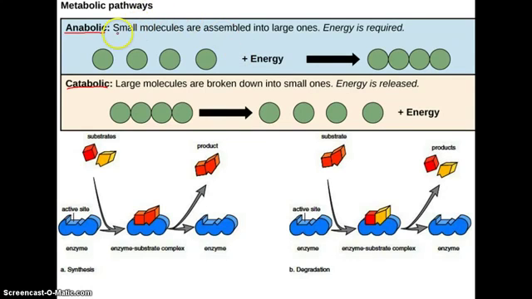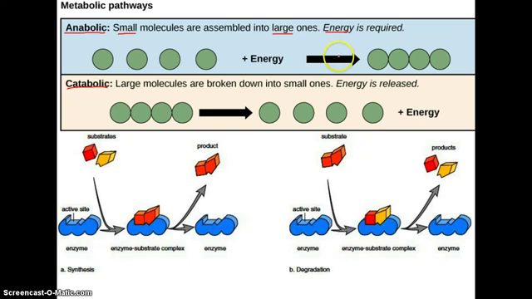Okay, so in this case, you have small molecules that are being put together, assembled into much larger molecules. So anabolic is a process of building. An anabolic reaction is a reaction that is building large molecules, and on top of that, using energy in the process.